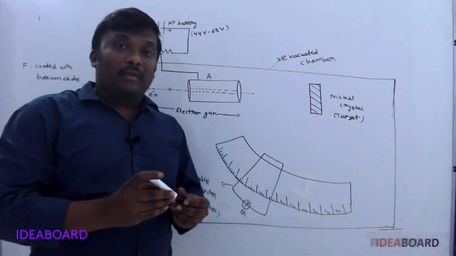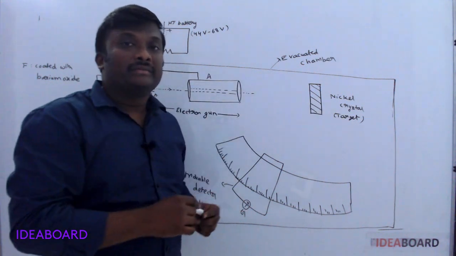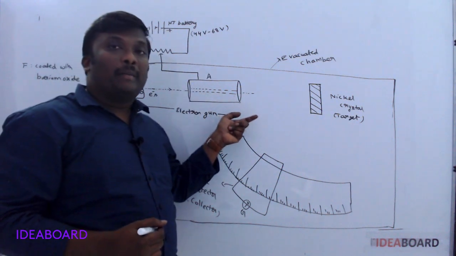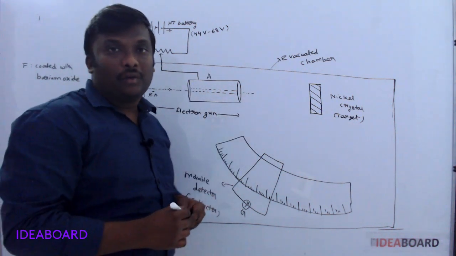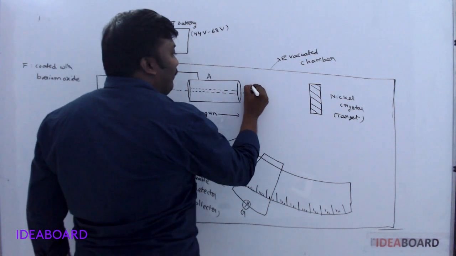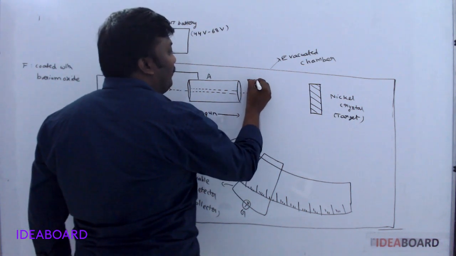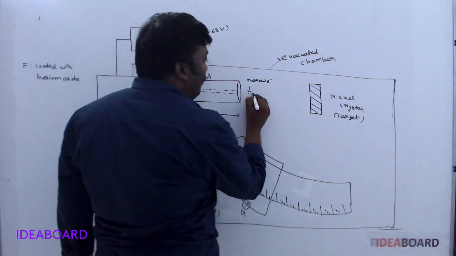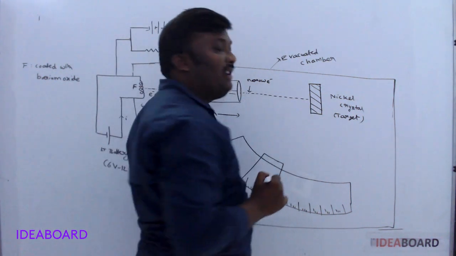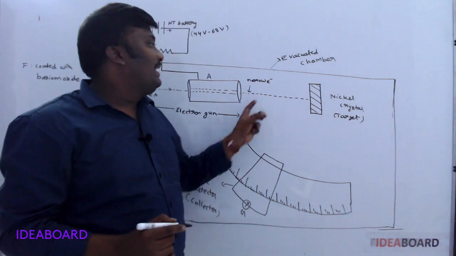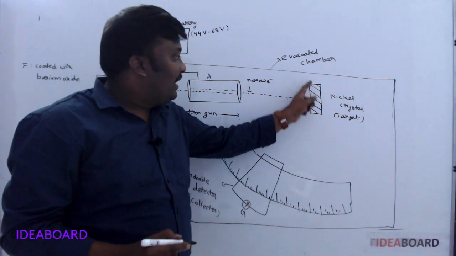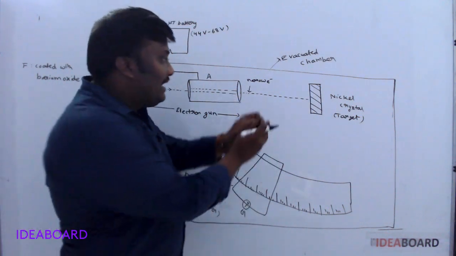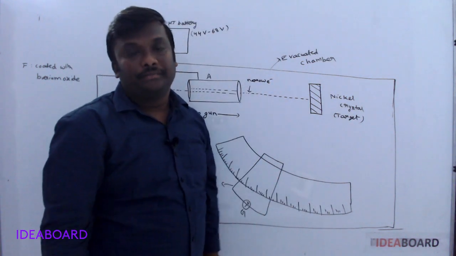Just as a bullet comes from a gun with some velocity, the electrons come from the anode with very high velocity, as a fine pencil, a narrow beam of electrons. This narrow beam strikes the nickel target. Whenever it strikes, the electrons are scattered in all directions from the atomic layers of the nickel target.